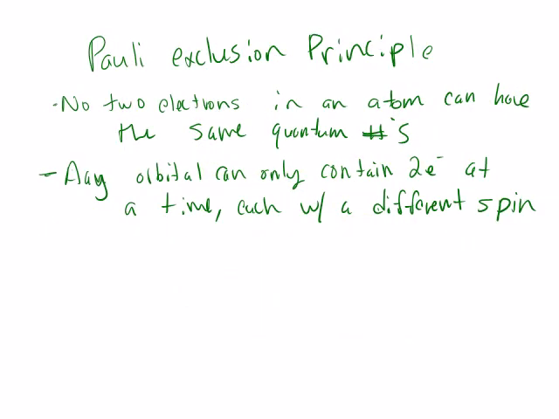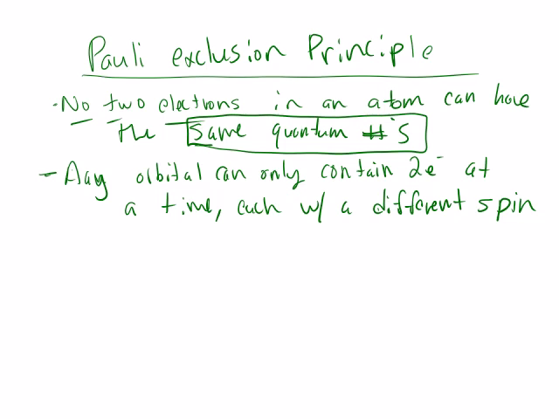The Pauli exclusion principle, as you see written here, has to do with the location of electrons. Like I said, we think that electrons are so tiny they're negligible, but that's not true. Pauli came out and told us that no 2 electrons in one atom can ever have the same quantum numbers. What that tells me is that these electrons can never be in the same place at the exact same time.